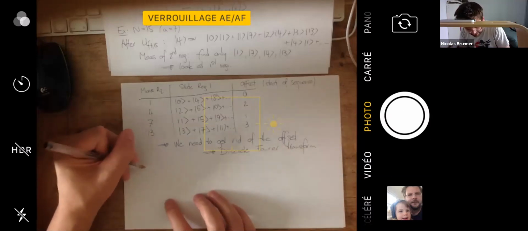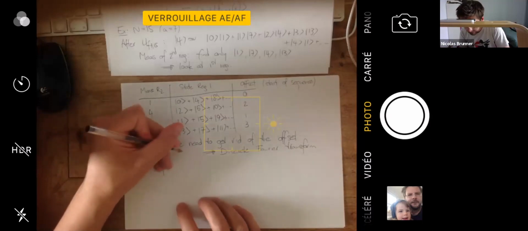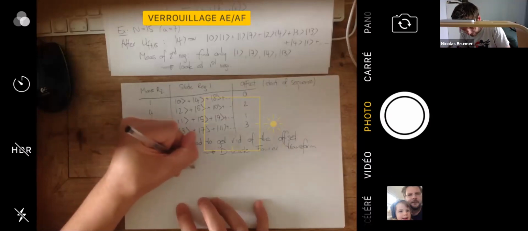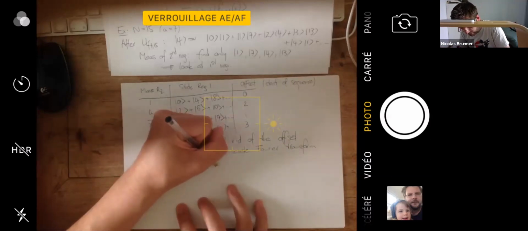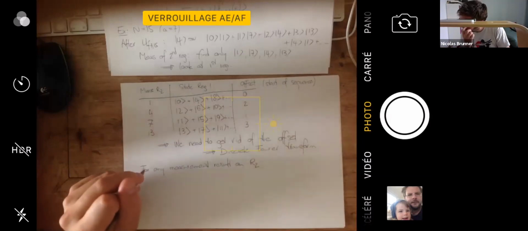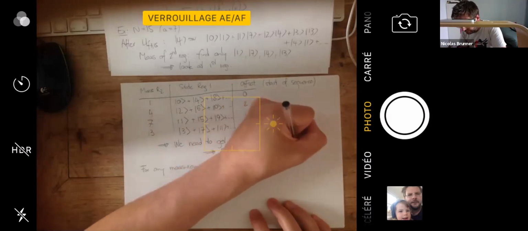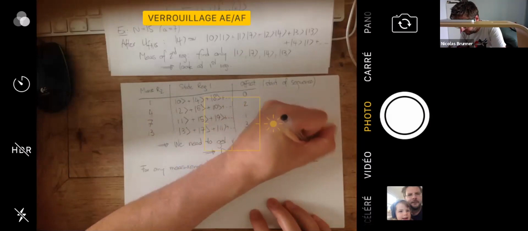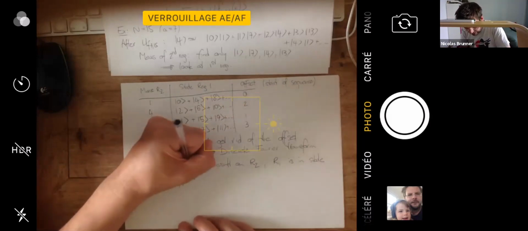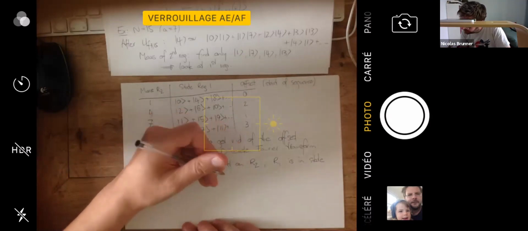And so the point is that for any measurement result on the second register, on R2, R1 is in the following state. So it's a state that is periodic. So let me write it like this.